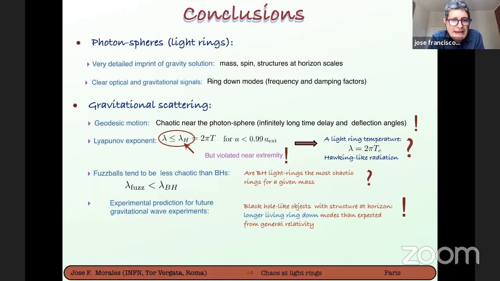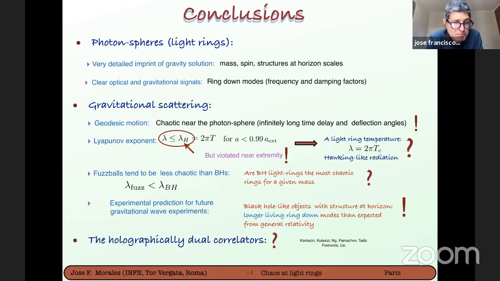If this were the case, it would be very interesting, because we could measure how much structure a solution has by measuring how far the lambda, the damping factor, is from what is predicted by general relativity. We expect longer-living ring-down modes coming from fuzzballs and, in general, from geometries with structure.